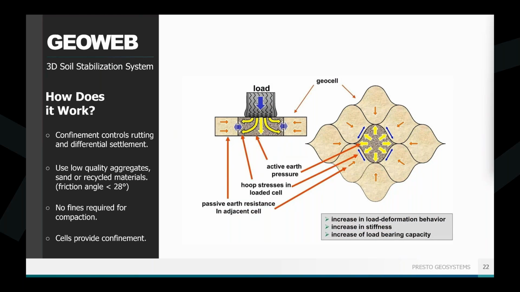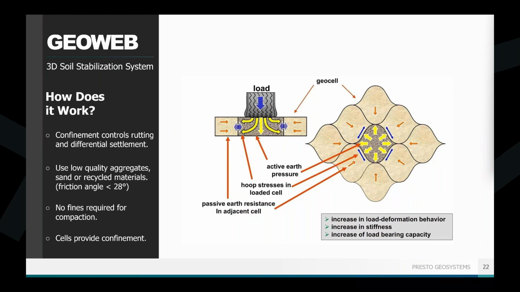This ability to disperse the load distribution angle is pretty crucial to maintaining the system integrity. It's what we call the mattress effect. You could also call it the snowshoe effect. It acts like a snowshoe. It spreads your load out over a wider area with less pressure over that wider area.